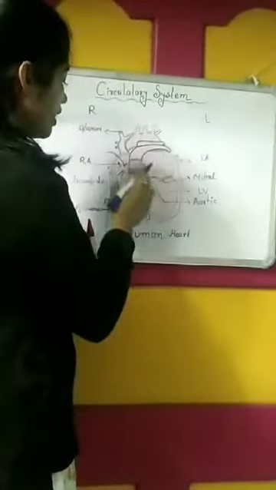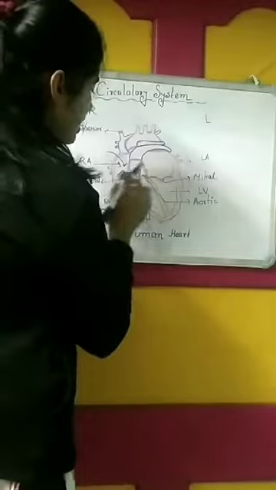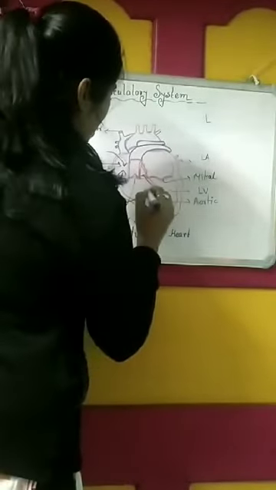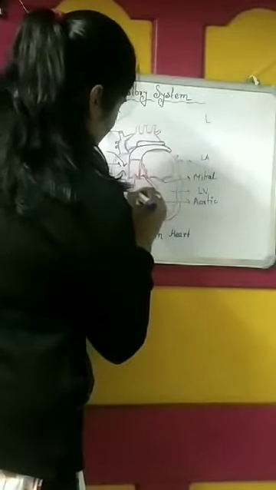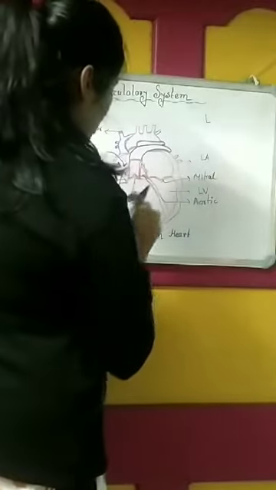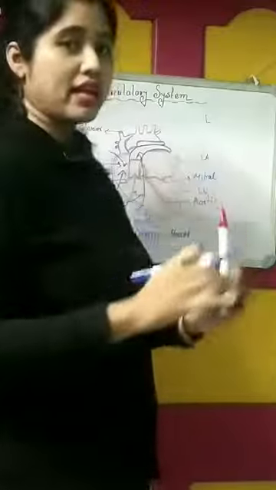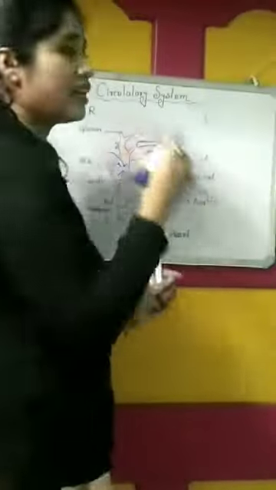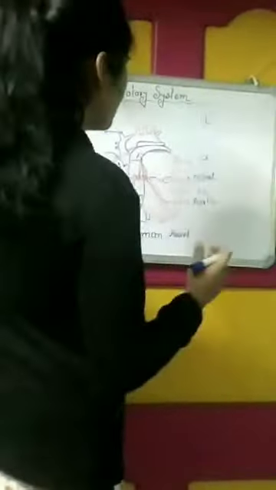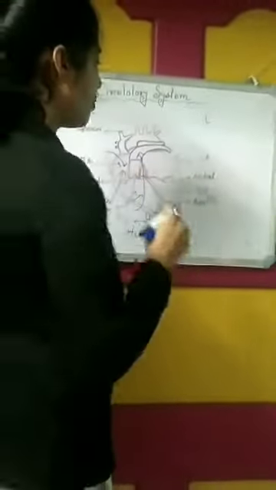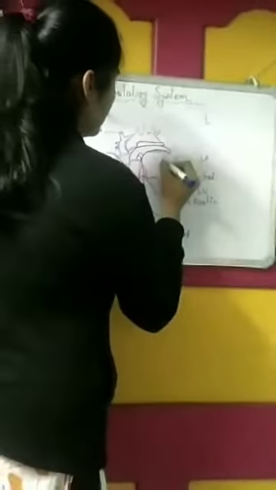From the right atrium, with the help of the tricuspid valve, it is carried into the right ventricle. And from the right ventricle, with the help of the pulmonary valve, it is carried to the pulmonary artery, where it is transferred to the lungs, oxygenated, and ultimately emptied with the help of the pulmonary veins into the left atrium.